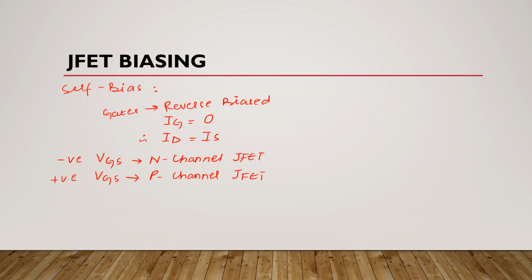Now, what is the self-bias arrangement of this N-channel JFET? The self-bias arrangement of this N-channel JFET is like this. This is source. It means here this resistor is the source resistor. This is gate resistor RG.